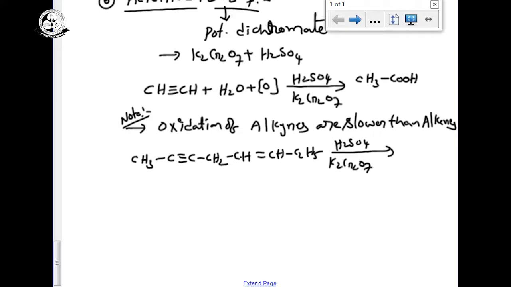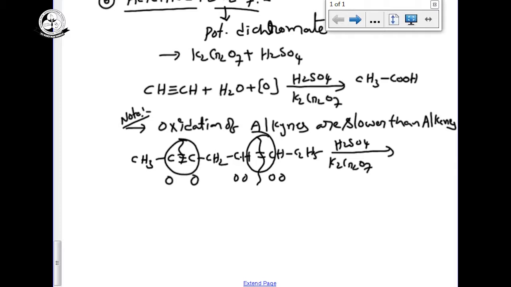Observe here there is a triple bond and a double bond. Individually, alkenes can undergo oxidation and alkynes can also undergo oxidation. Generally we break the double bond and add 2 oxygens here and 2 oxygens here.